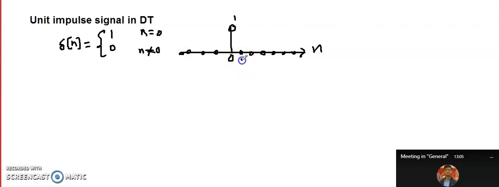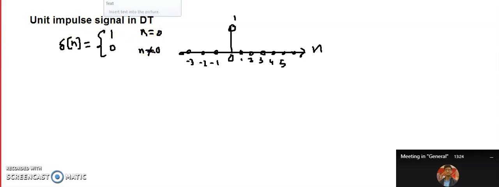Okay, 1 2 3 4 5 and so on, -1 -2 -3 and so on. So this is the unit impulse signal in discrete time.